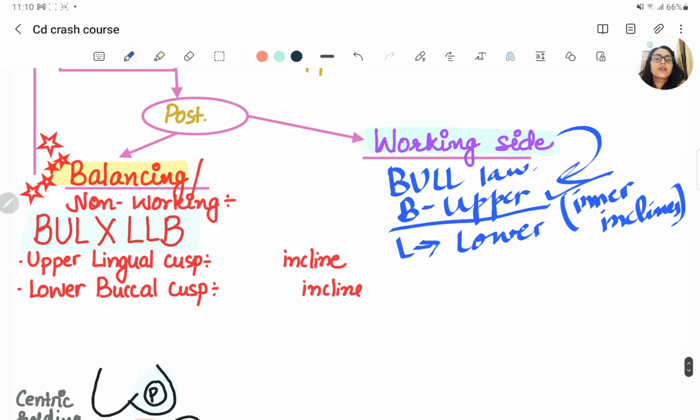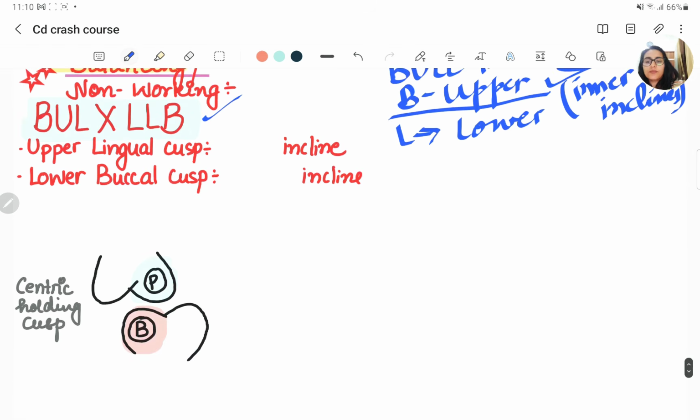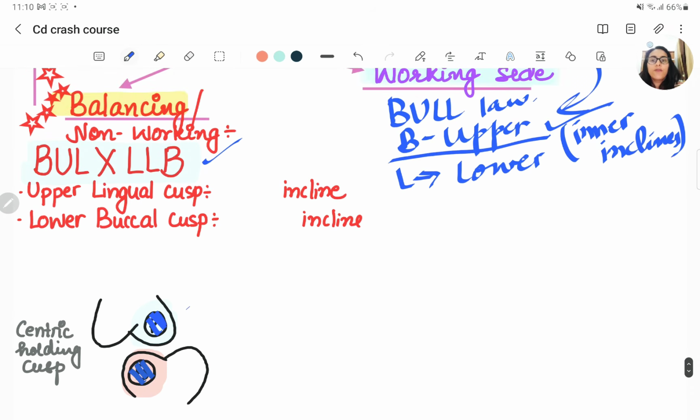Non-working or the balancing or the idling side, we have BULLLB. So remember one thing, the centric holding cusps are palatal cusp of upper, buccal cusp of lower, we know. So the centric holding cusp opposite inclined. Remember, for balancing or non-working side, the centric holding cusp opposite inclined. That means the palatal cusp of the maxillary is the centric holding cusp.